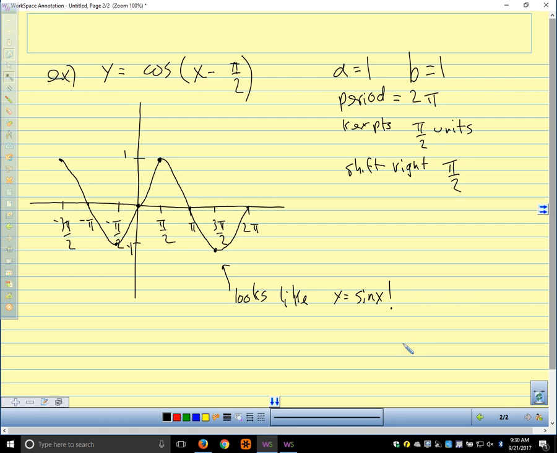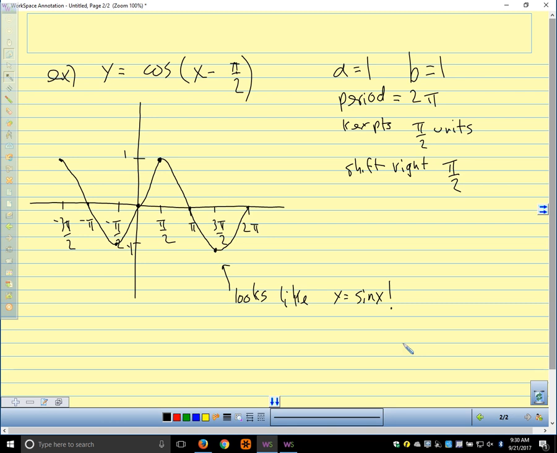So the cosine function and sine function really are the same thing. One is just shifted from the other. And if we think about how the x and y coordinates work on the unit circle, we can see that they're pi over 2 apart. Because sine of 0 is 0, but the cosine of pi over 2 is 0. So they're shifted by pi over 2. Kind of an interesting thing.